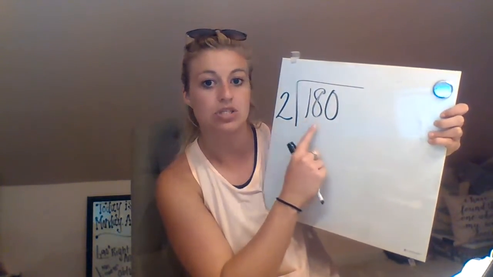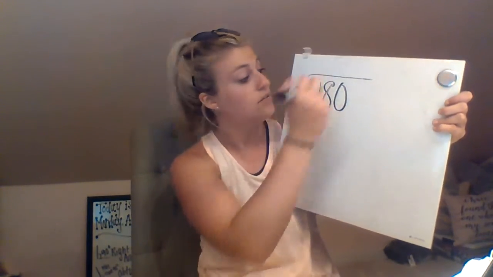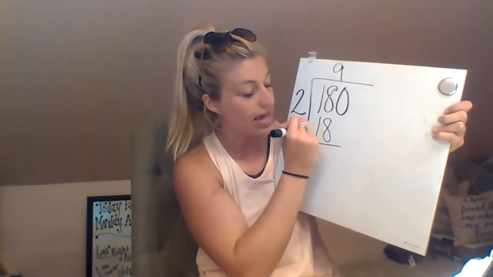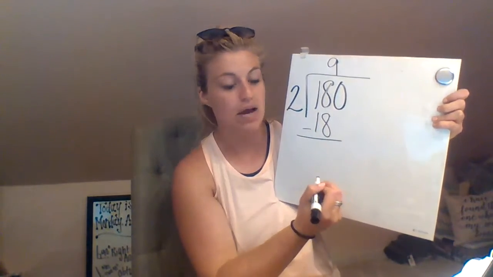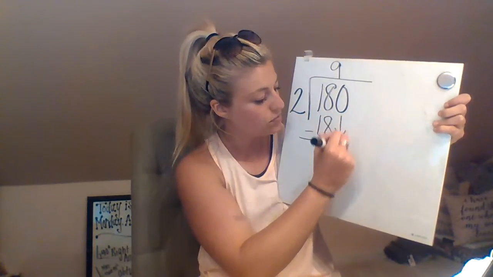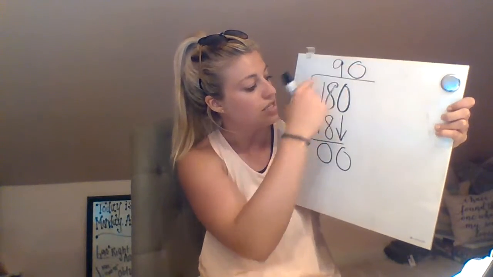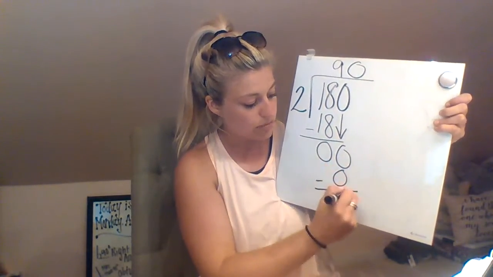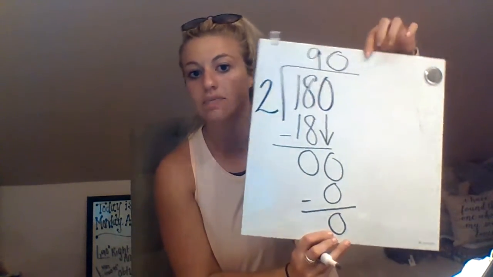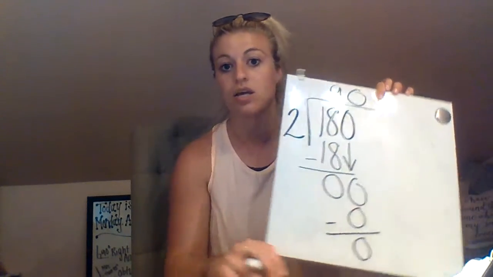How many times can 2 go into 18? 9. So 9 times 2 is 18. Sister says subtract. 18 minus 18 is 0. Brother says bring down. How many times can 2 go into 0? 0 times. 0 times 2 is 0. Subtract. So does Rover say that I have a remainder, or is 90 my final answer? 90 should be your final answer.